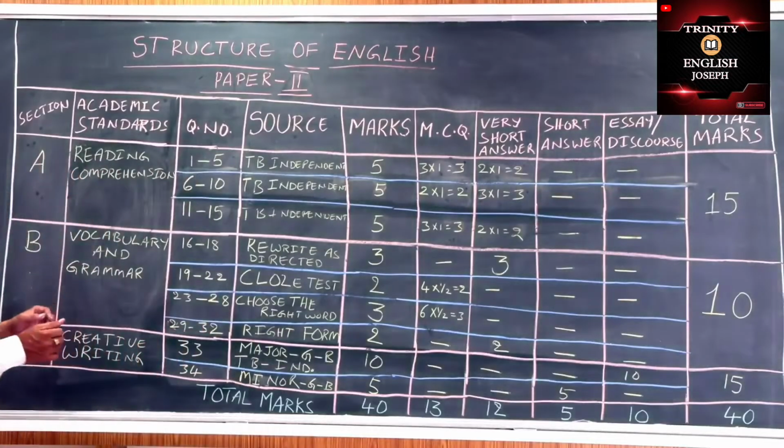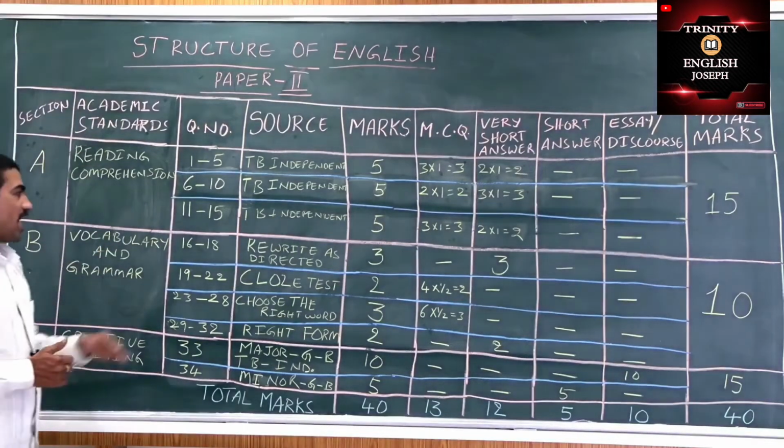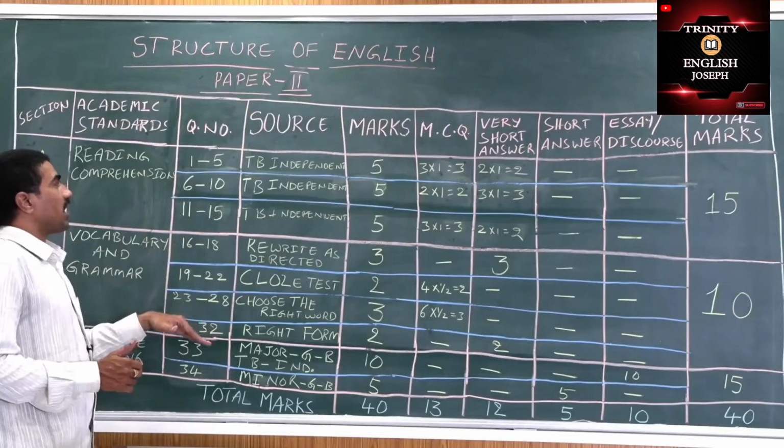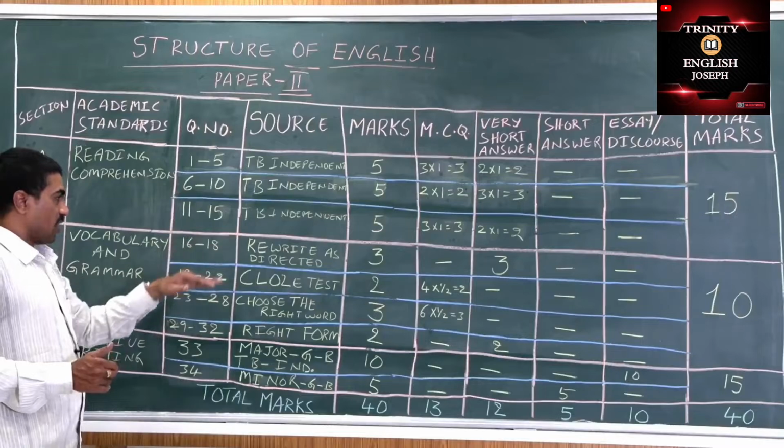And if you come down to section B, we have academic standards, vocabulary and grammar, and here we have 4 different kinds of divisions, each with its question numbers.